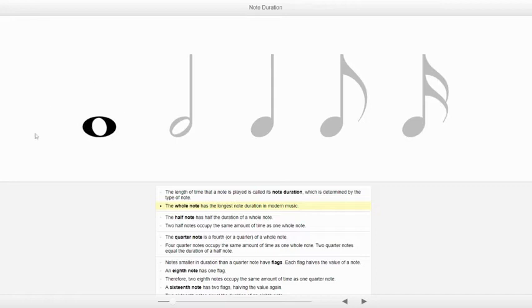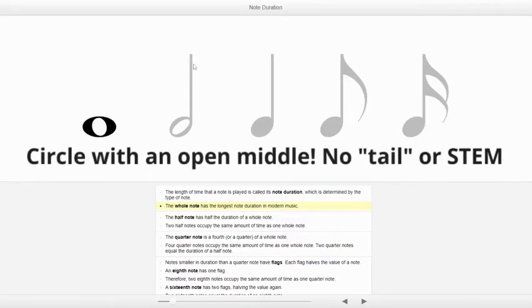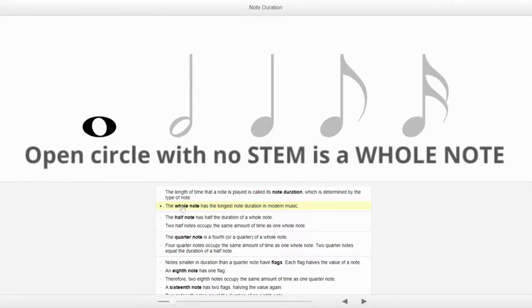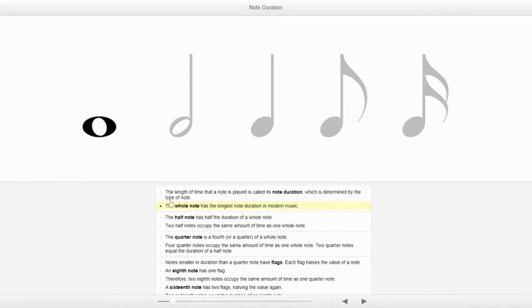Our first note, our first duration that we're going to look at, is this open circle here. And the important thing is to know that it has an open middle and it does not have a tail or a stem. We're going to call those our stems. So our whole note is our longest held note in modern music.